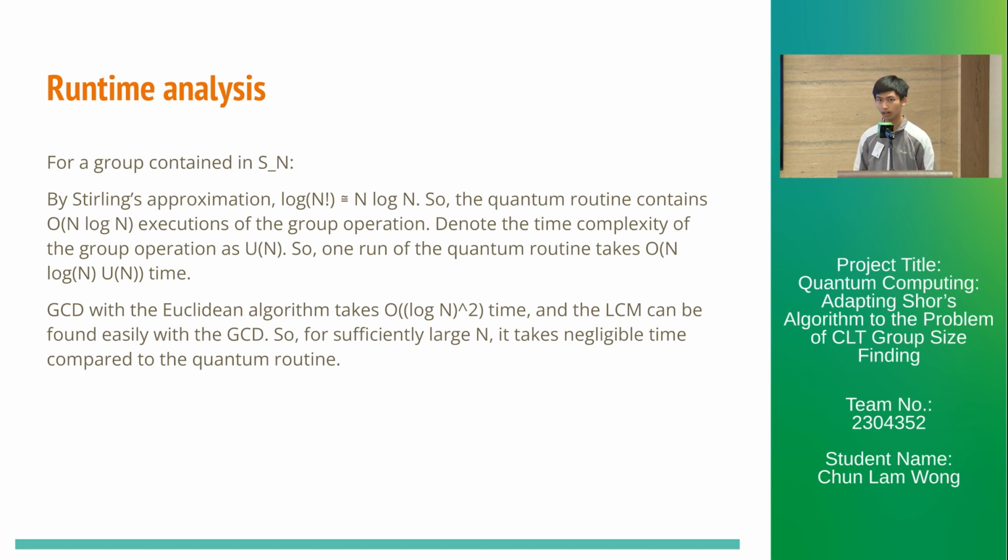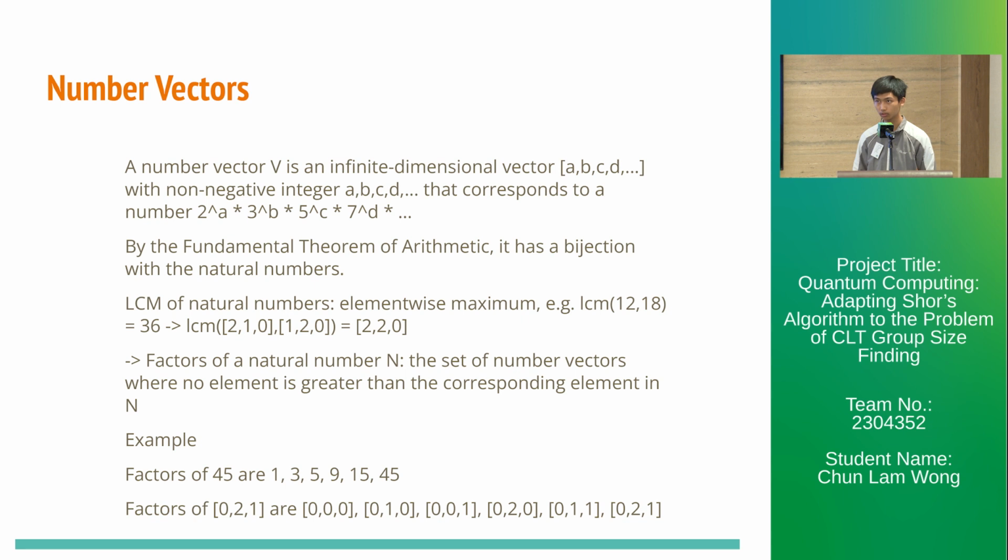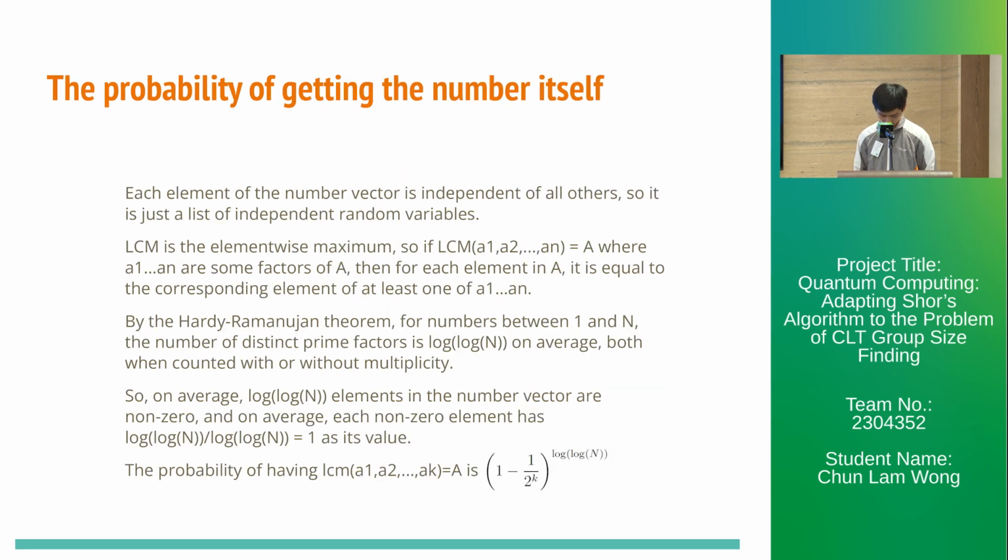Now we only have to find how many runs of the quantum routine we need. And we can introduce number vectors for this. A number vector v is just an infinite dimensional vector with non-negative integer elements that correspond to the prime factorization of a number. And using the Hardy-Ramanujan theorem, we can find that the probability of having k different factors of n whose LCM is the number itself is shown here in this expression.